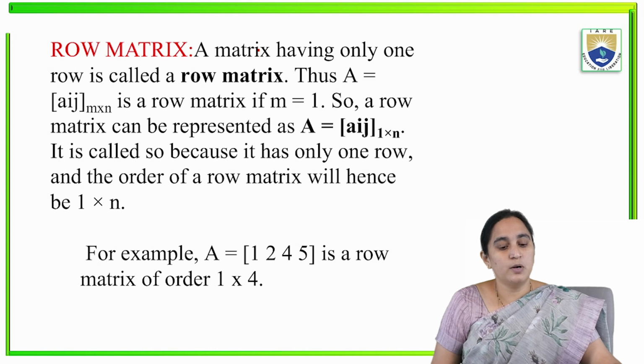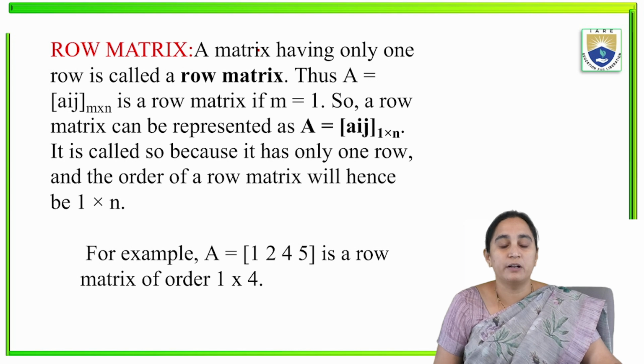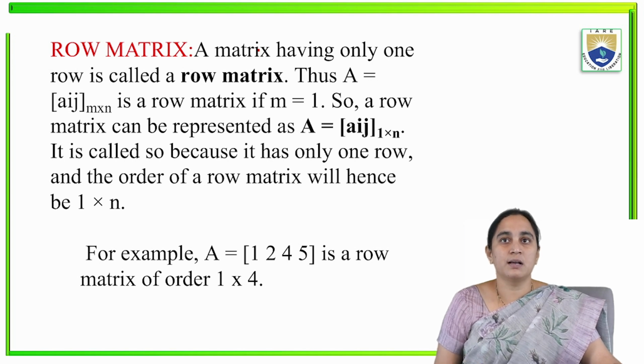How do we write a row matrix? We write A equal to Aij, m by n, is a row matrix if m is equal to 1. Taking m equal to 1 means the matrix has only one row. That's why we write the m value as 1.